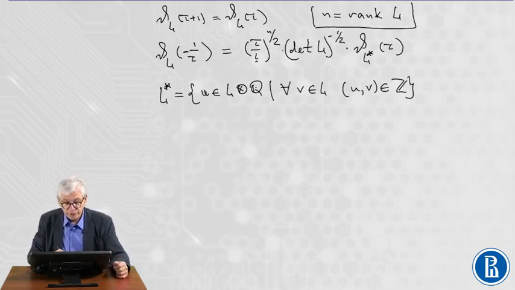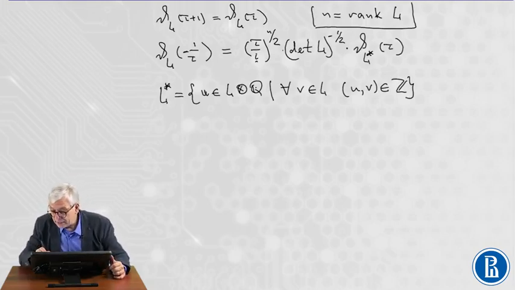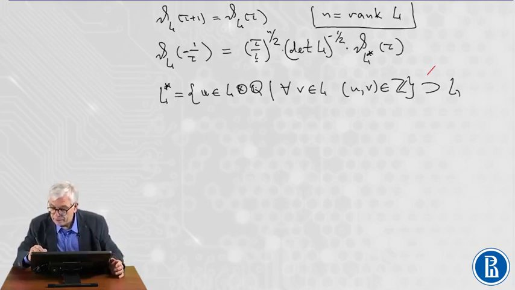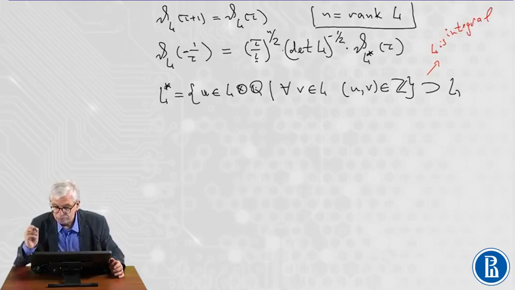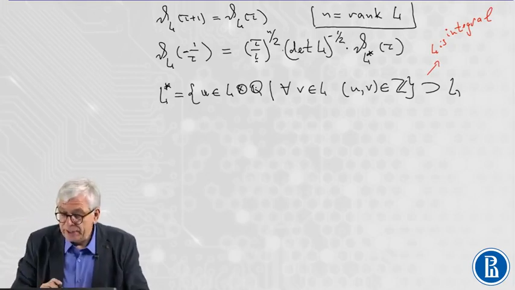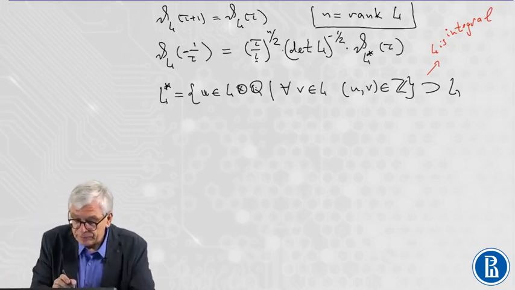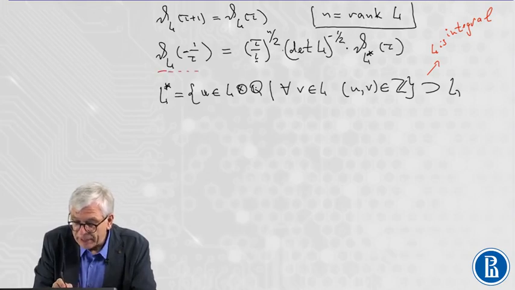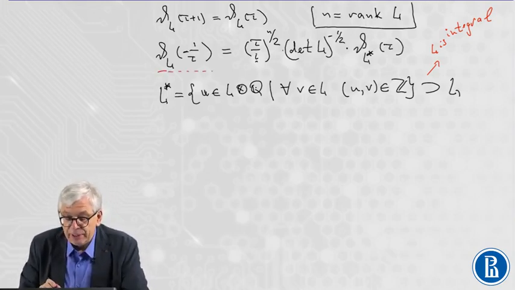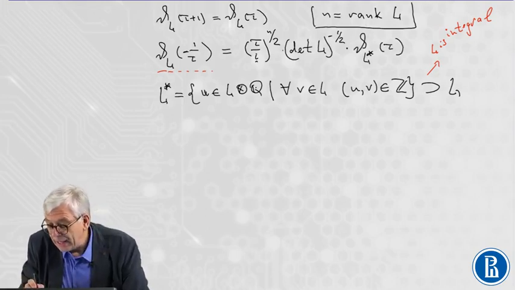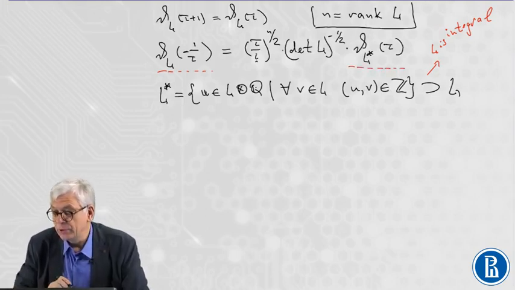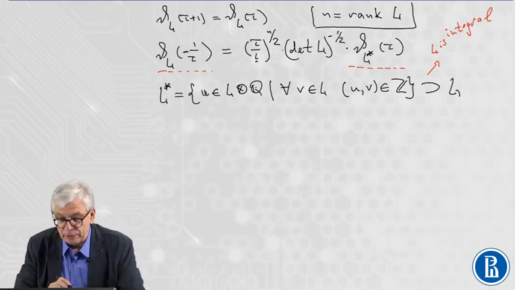Our lattice is integral, so L dual is a larger lattice. So you see, in our equation, we can compare the theta function of the lattice L at the point -1 over tau and the theta function of the dual lattice at the point tau.